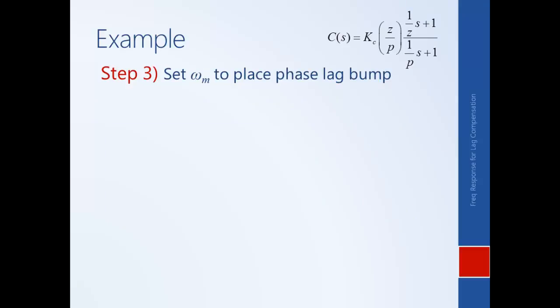And we're going to set this new maximum frequency where the maximum phase lag is 1 decade below the new gain crossover frequency. And so since the new omega C is approximately 9.5 radians per second, we'll set omega M to be about 1/10 of that.